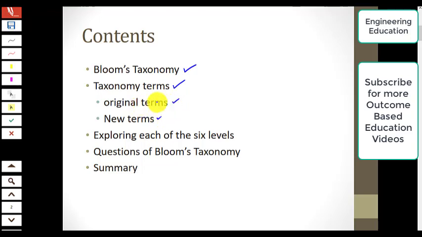Original terms are also called the old version, while new terms are called the new version of Bloom's taxonomy. Exploring each of the 6 levels in Bloom's taxonomy, questions of Bloom's taxonomy, and finally a summary is given.